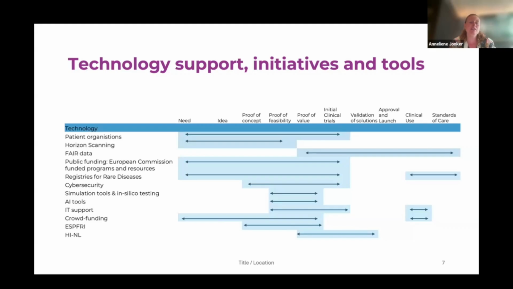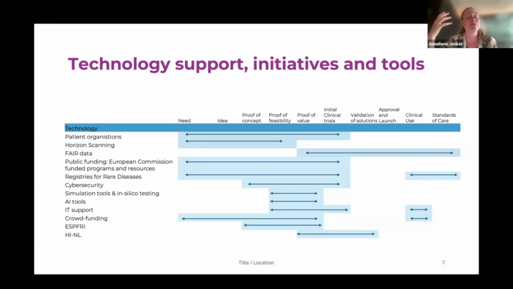And we've seen that even in the technological development, where a lot of developers have their start, there is already a need to involve different stakeholders, such as patient organizations, and also to do horizon scanning quite early on in the process. We see the importance of funding and of planning for funding throughout the different programs out there.